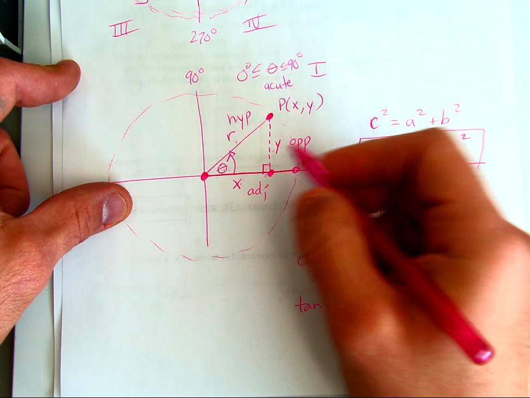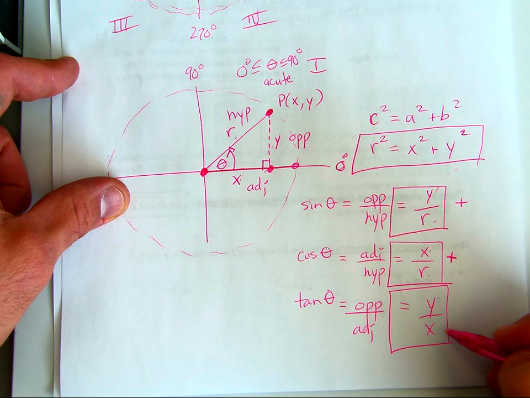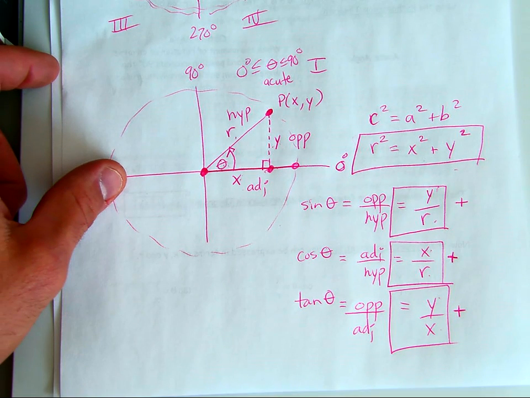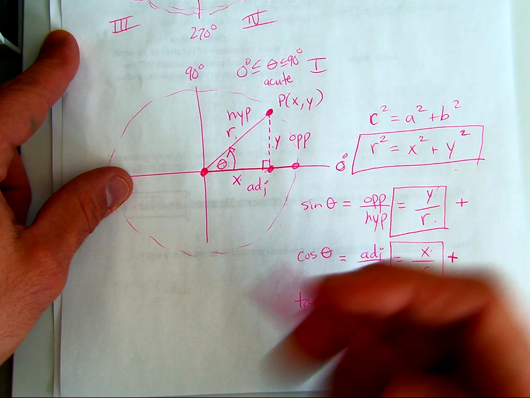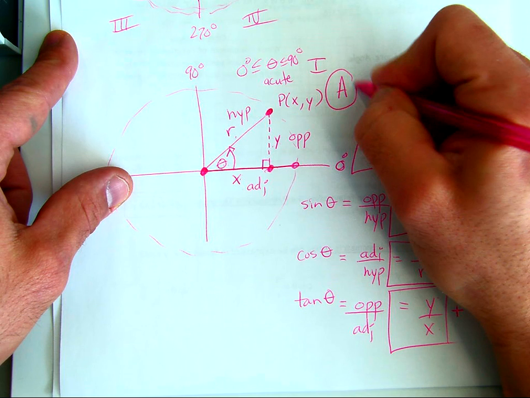And we know that the opposite is y, over adjacent is x. So tan theta is y over x. And y is a positive number, so is x. So positive divided by a positive will make tan also positive in quadrant number 1. So since sine, cos, and tan are all positive in quadrant number 1, I'm going to label quadrant 1 with a big A for all are positive.